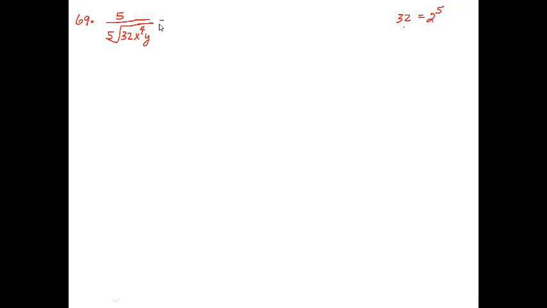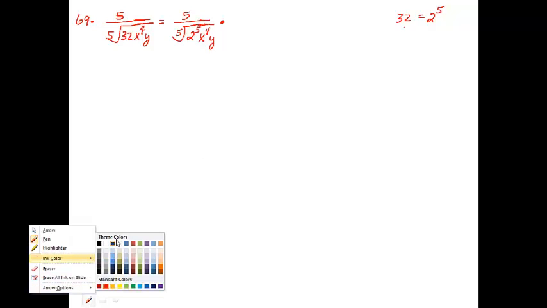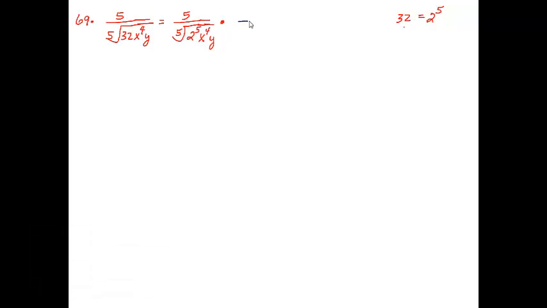So this is the same as saying 5 divided by the fifth root of 2 raised to the fifth power, x to the fourth times y. Now, in order to get the radical out of the denominator, you must multiply it by the fifth root of something, and this something is going to be chosen so that every power inside your radical is the fifth power.